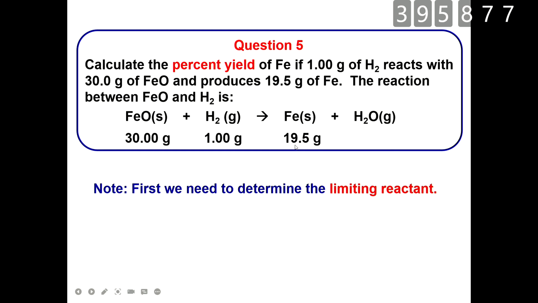When we want to get the calculated yield, we need to know which one is the limiting reactant. After we know the limiting reactant, we can calculate its theoretical yield. And then we can use this number divided by the theoretical yield to get the percent yield.